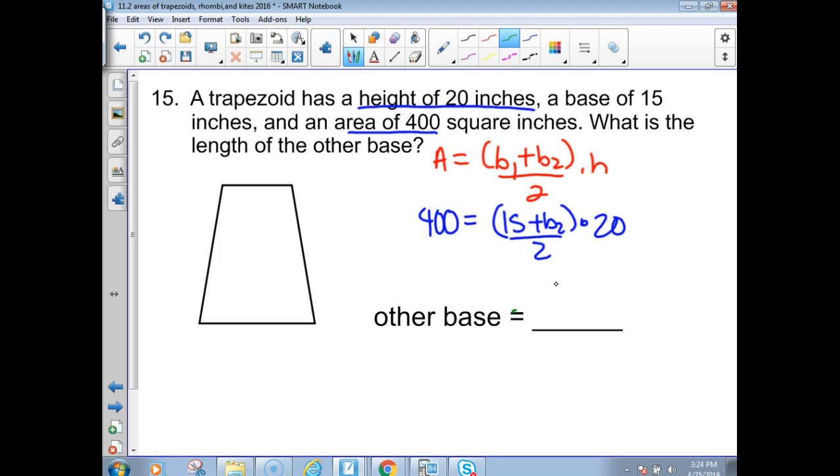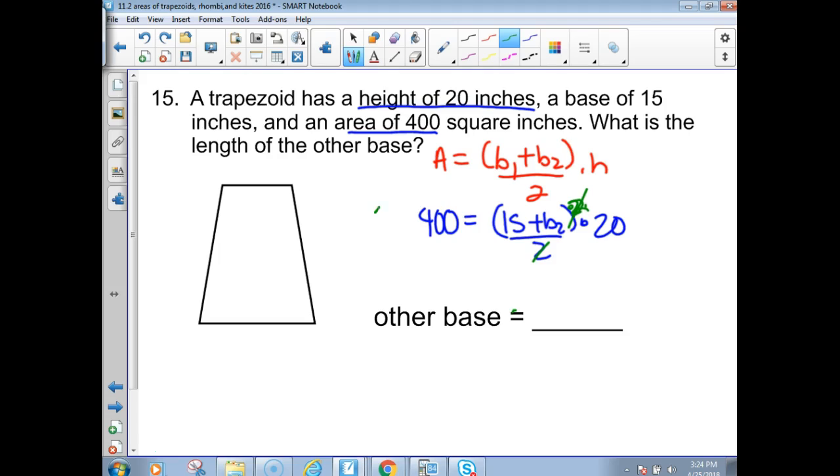You know, you can multiply by 2 and then divide by 20. That'll work. Or you could take half of 20, which is 10. It's up to you. All right, so anyway, I'll multiply by 2 because I think that's what you want me to do. All right, times 2.